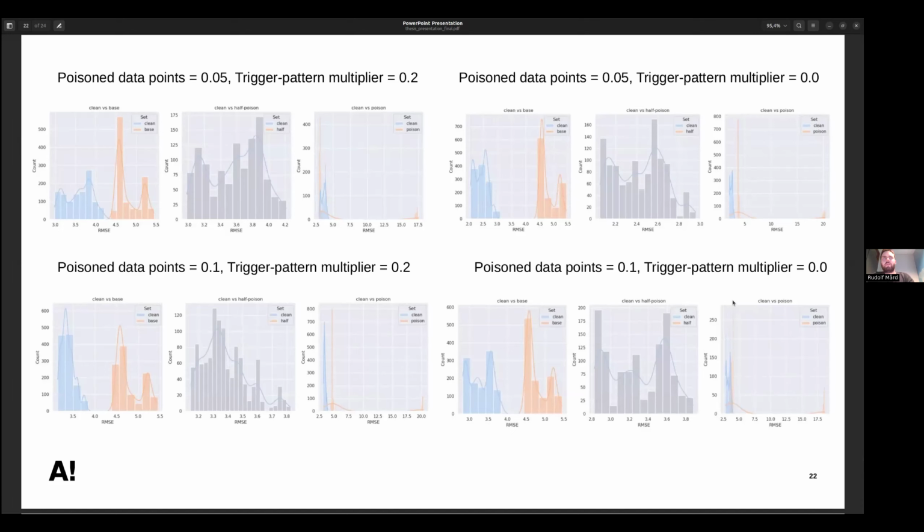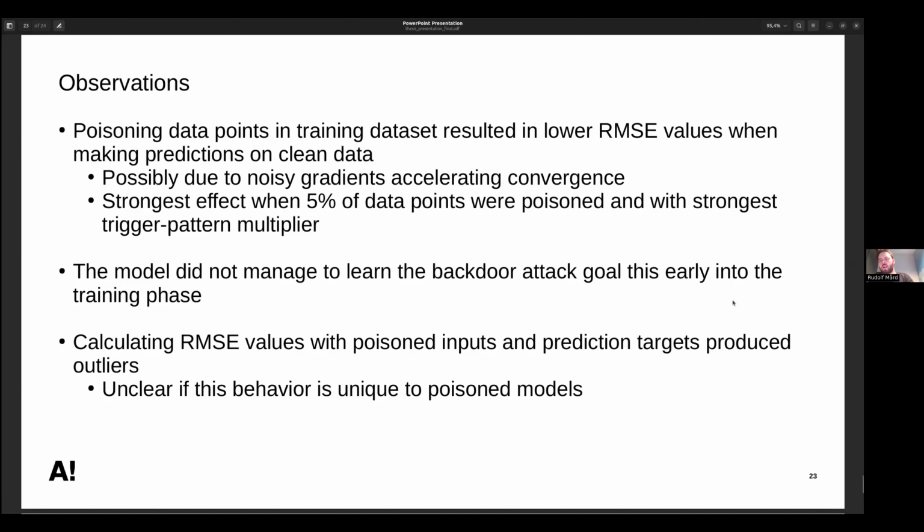So basically the predictions were very similar when we had embedded the trigger pattern or when we did not have it. So well, the model did not manage to learn the backdoor attack goal this early into the training phase.